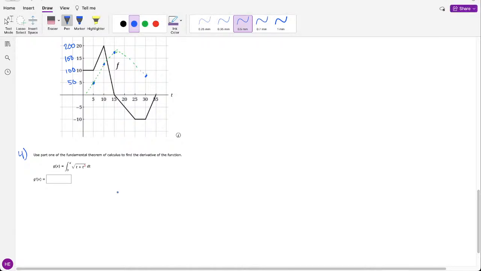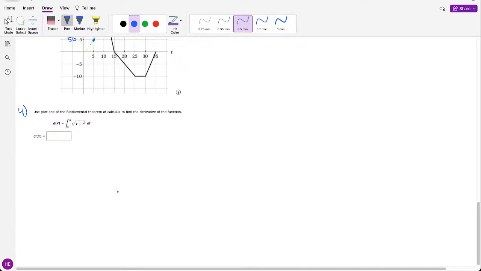Okay, let's see here. Use part 1 of the fundamental theorem of calculus to find the derivative of the function. Well, I guess we can show you here.